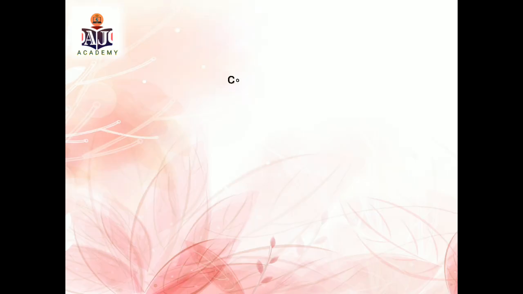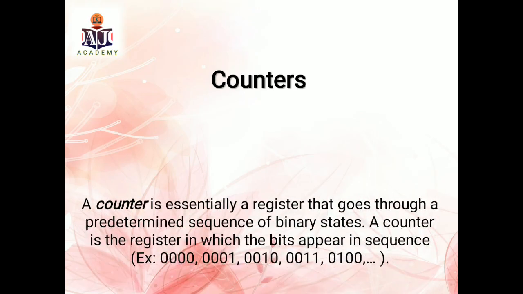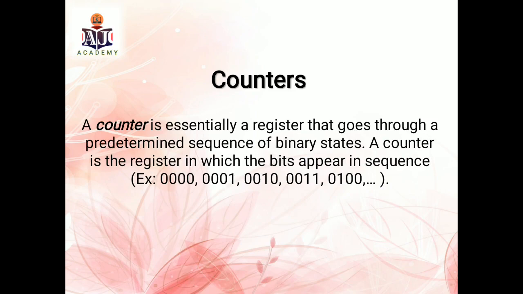The counters is our next topic. The counter is going to count the binary values. They may have a starting point and an ending point. You may start it from all zeros and end it with all ones.